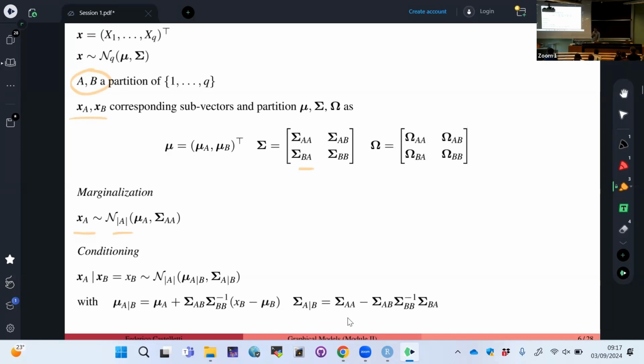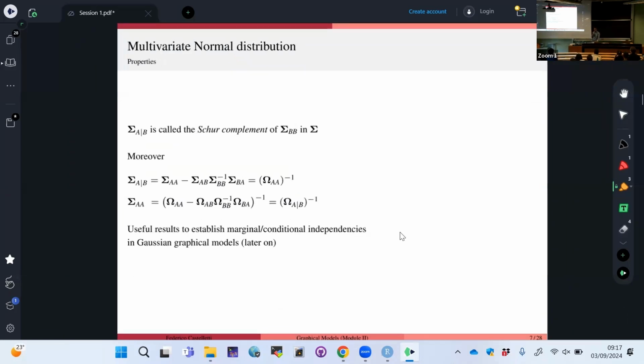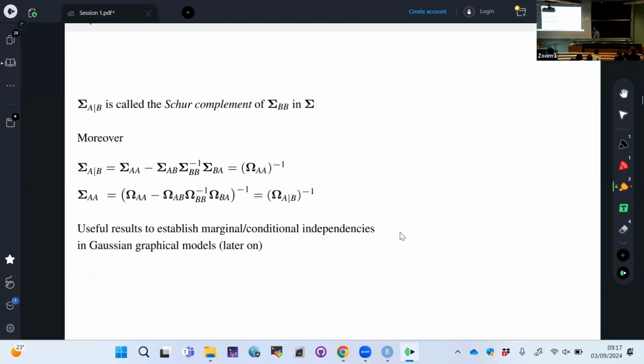This relationship is also known as the Schur complement of sigma_BB in matrix sigma, which is a more general concept, something that you can define for any matrix partitioned into 4 blocks like the one before. Have you ever heard about the Schur complement of a matrix?